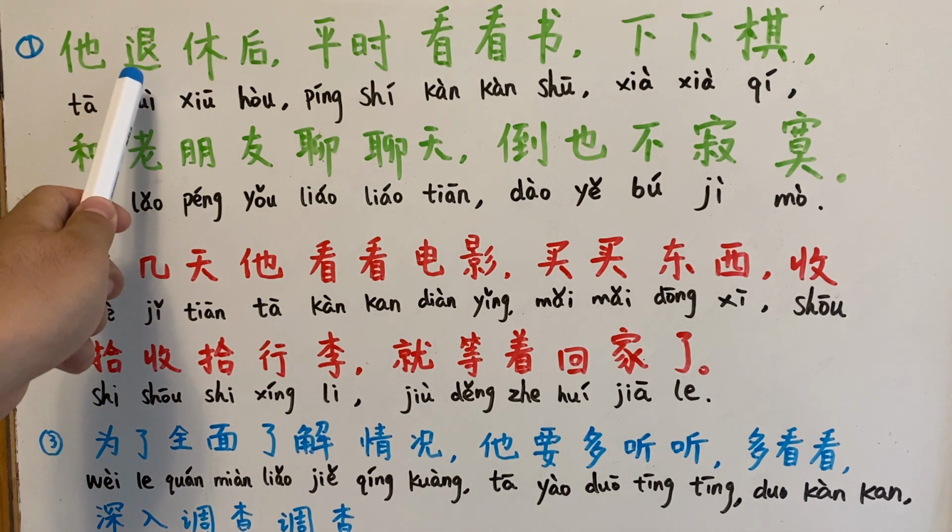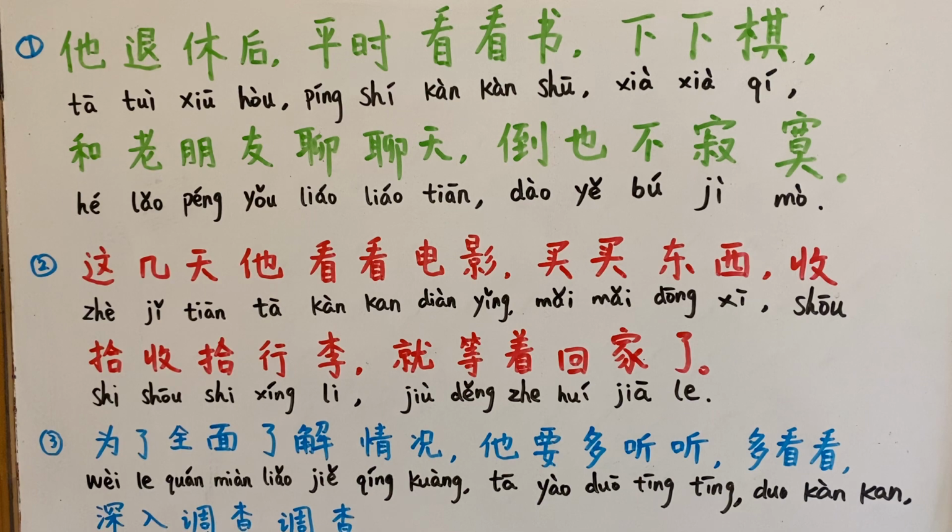So here, 退休后, 退休 is to retire, retirement. I said in a previous video, maybe a week ago, you can check the playlist, the main feature of Chinese verb phrases, I believe that's the title of the video. The main feature is that Chinese verbs and verb phrases don't change wherever you put them in a sentence.